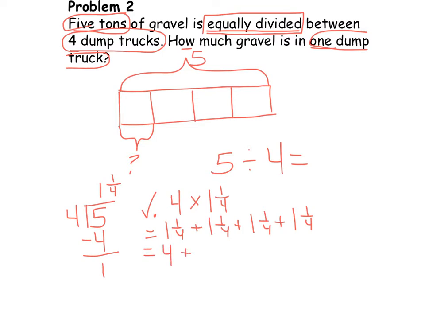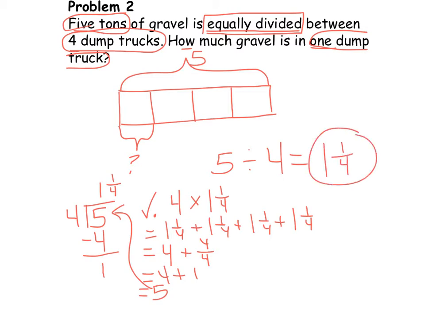And I know that 1/4 plus 1/4 plus 1/4 plus 1/4, they all have fourths, so my denominator stays the same. So my numerator is 1 plus 1 plus 1 plus 1 is 4. And I know that when my denominator and my numerator match, it's equal to 1 whole. So 4 plus 1 is 5. So does that match my dividend? You betcha. So I know that 5 divided by 4 is indeed equal to 1 and 1/4.